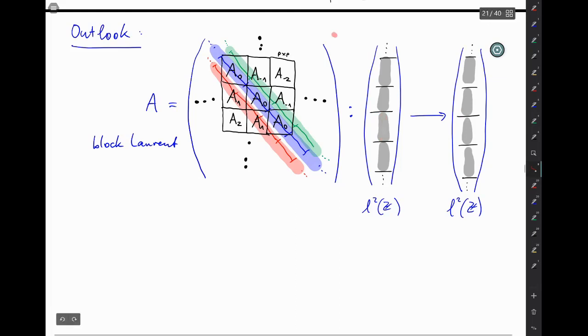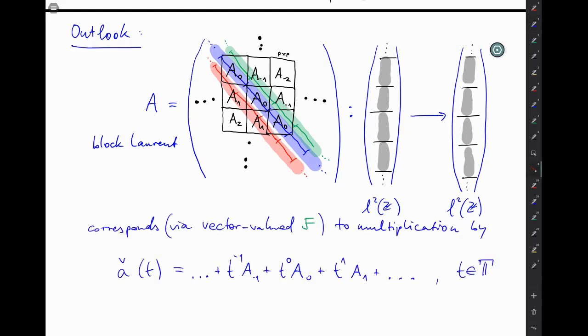And then it turns out that convolution on this vector valued little L2 corresponds, after a certain Fourier transform, to multiplication by a matrix, and that's a p by p matrix valued function. And let's denote that function again by a upside down hat. And the construction is just the same.